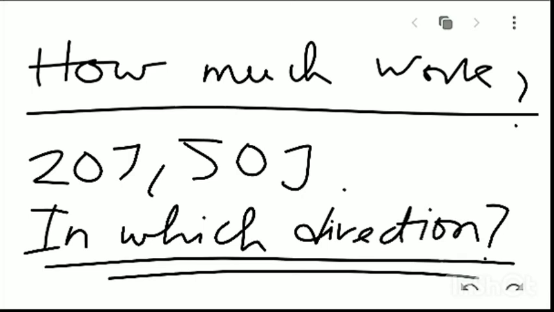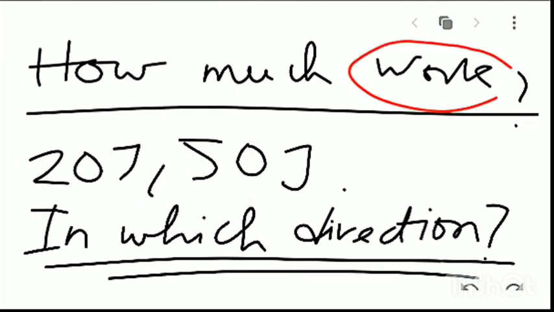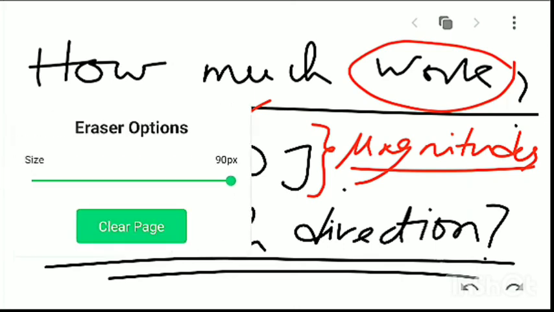Nobody asks in which direction the work is done because that is not important. So the question of work can be answered easily only with values, only with magnitudes. They don't require directions. Clear?